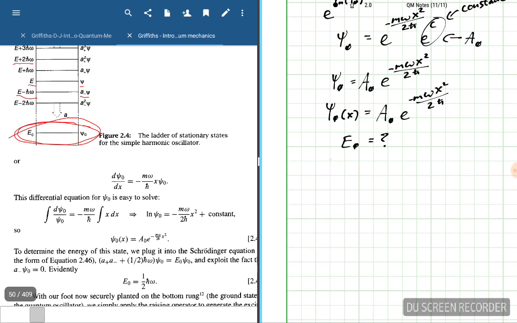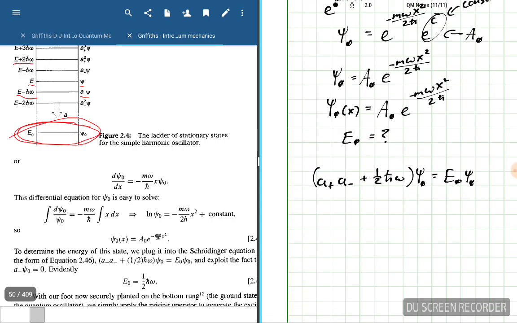So we can go ahead and just plug this into the Schrodinger equation. So what we have is A plus A minus plus 1/2 h bar omega acting on psi naught is going to equal E naught times psi naught. Let's just go ahead and work that out.